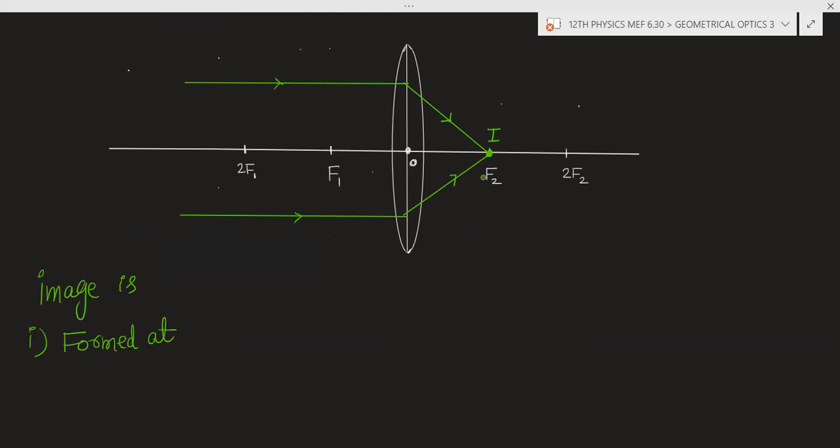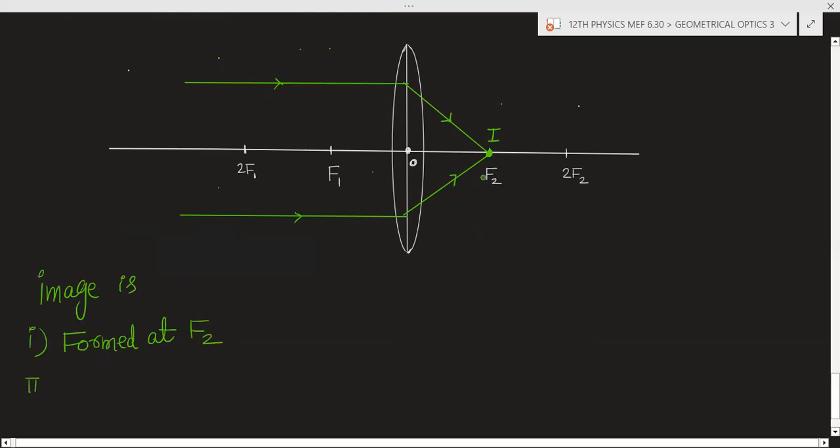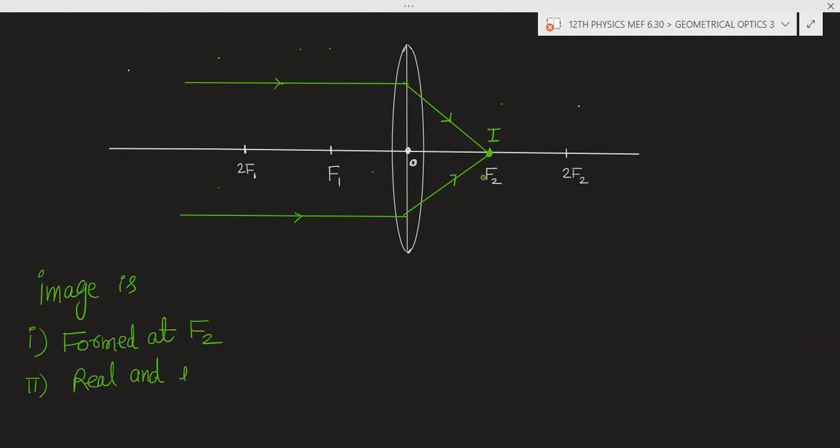Number 2, what can you say about the image? The image will be real and inverted.